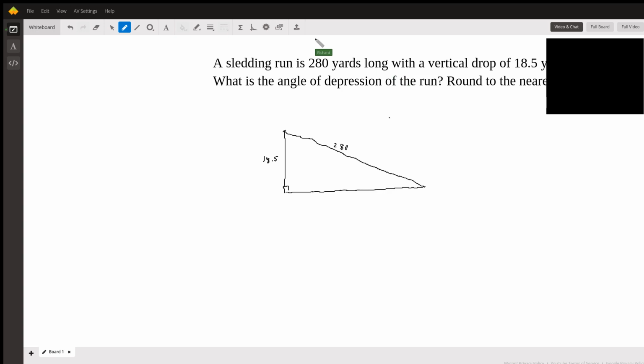Okay, so let's first talk about the angle of depression. I'll change colors. I'm just going to extend this now into a rectangle. And we've got another right triangle over here in green. This is the angle of depression here.